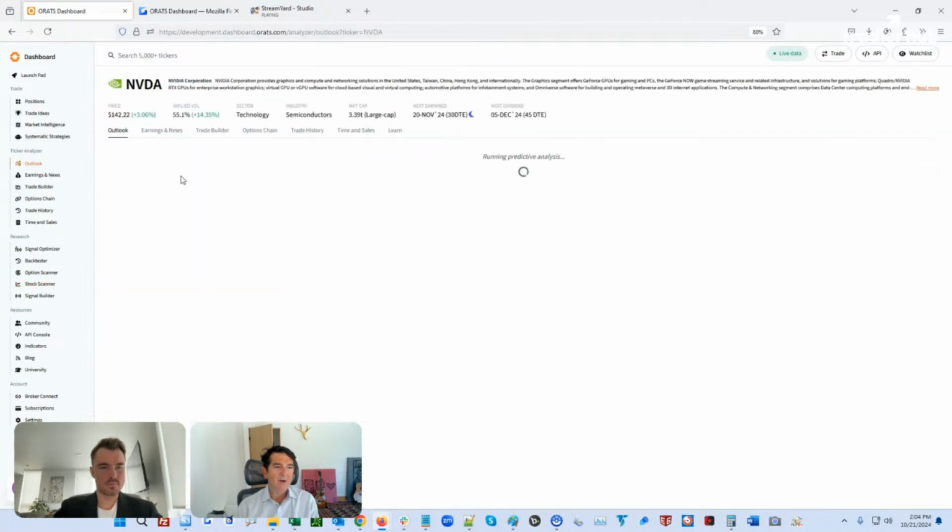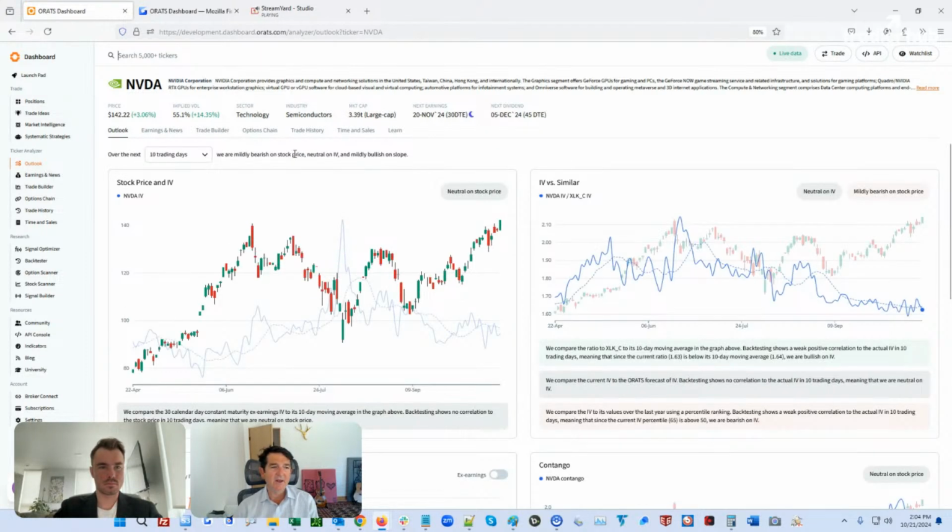Of course, if you type in Nvidia and click on it, it's going to go to the Outlook page. The Outlook page has some of the most important data sets that ORATS has when we think about a stock, including this initial one, which is a graph of implied volatility. You can see that the implied volatility is generally inversely correlated to the stock price.